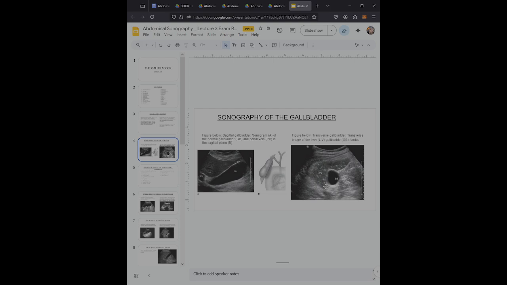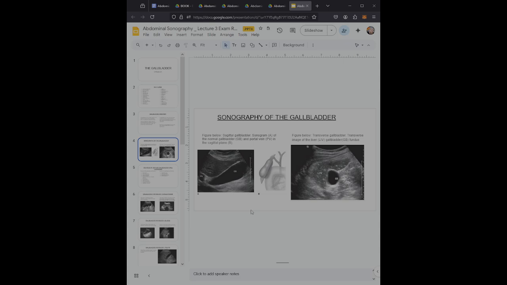We employ intercostal imaging, especially if midline visualization is obstructed by overlying bowel gas. The gallbladder neck and fundus should be examined closely because they are common sites for gallstones to become lodged.